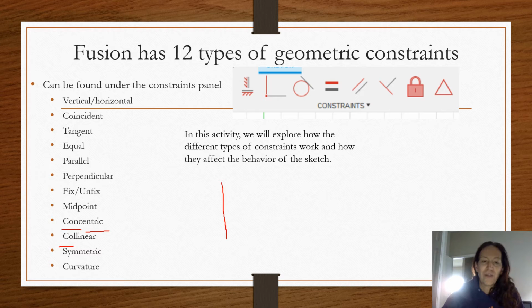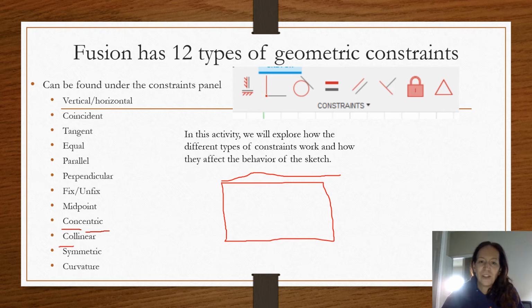One of the ways that I use that is if I have some kind of prism and I want to cut something into it, like I want to do an extrude cut. It can be really hard to get your lines to actually match up.